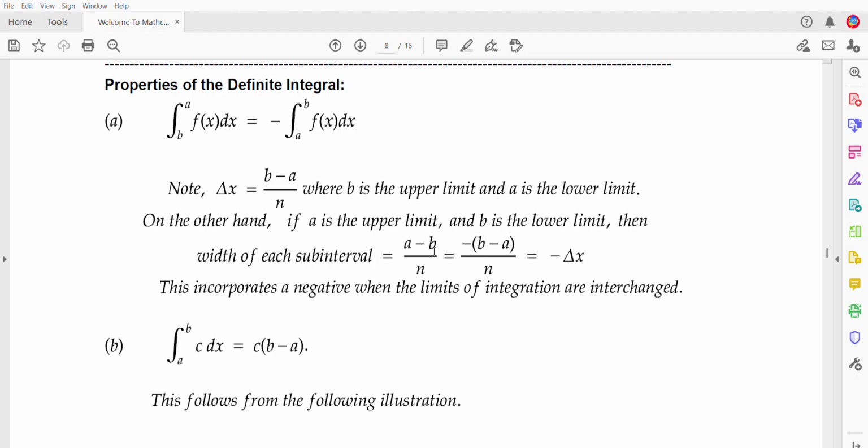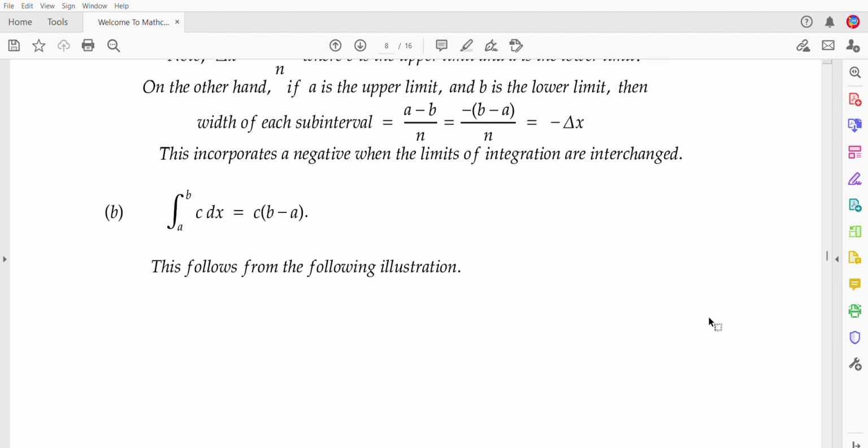Now notice a minus b is the same as negative (b minus a). Therefore, a negative comes up. This negative gets incorporated when I flip. Okay, that's where that negative comes from.